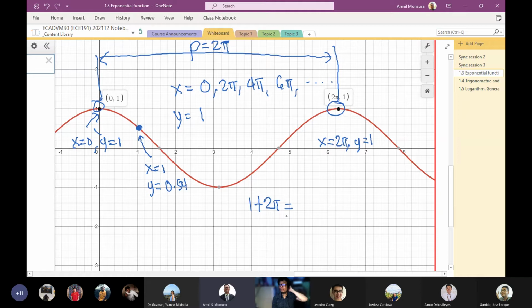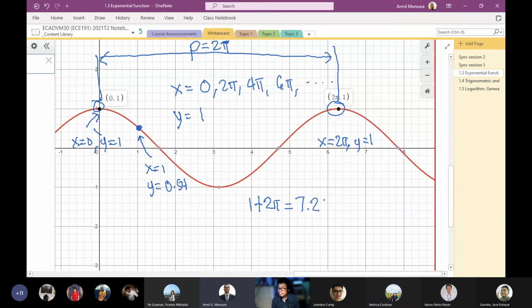What's the approximate value of 1 plus 2 pi? 7.28 po.